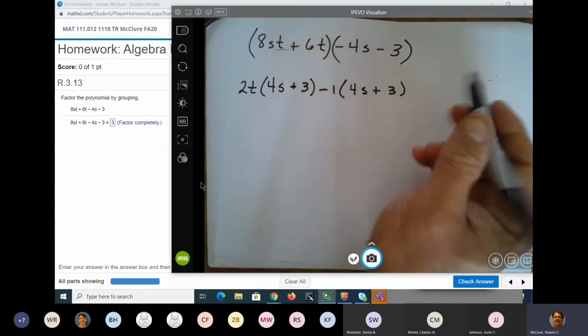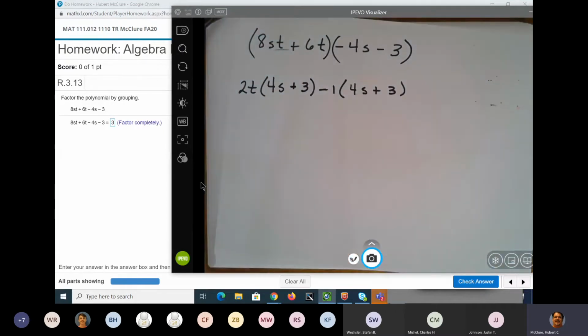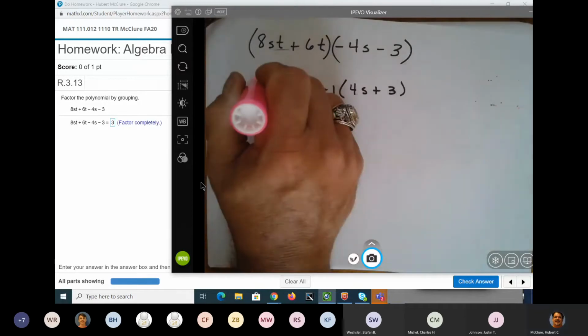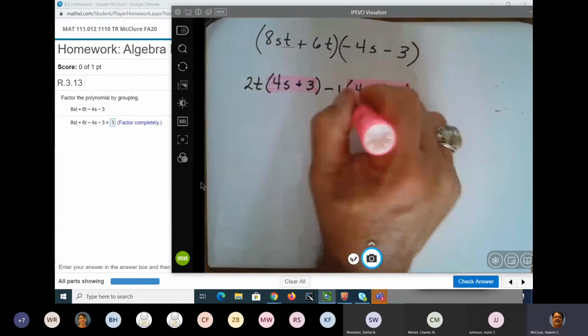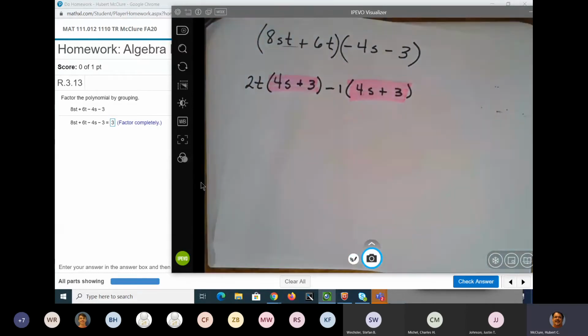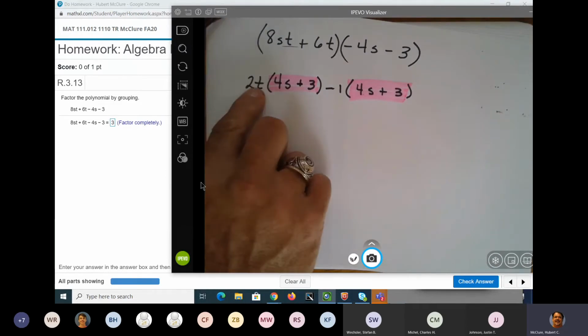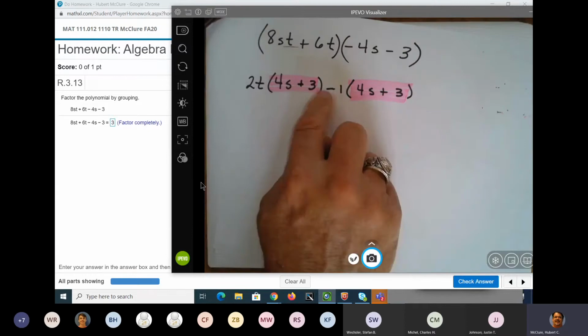And in factor by grouping, what are those two supposed to do? They're supposed to match. Unless it's prime, these two are supposed to match. Like 2x plus 3x is 5x. Well, 2t blank minus 1 blank is equal to 2t minus 1 times blank.